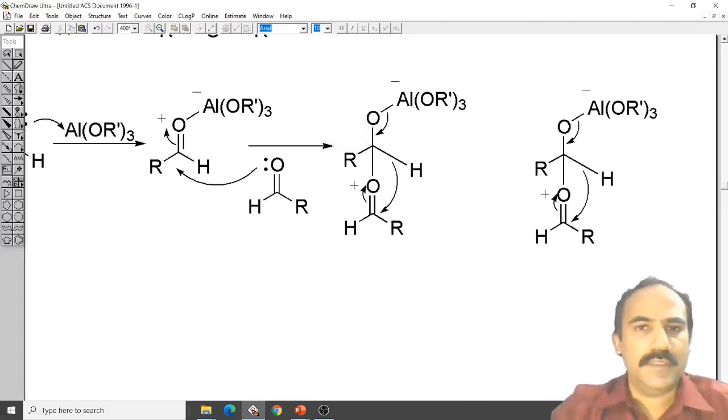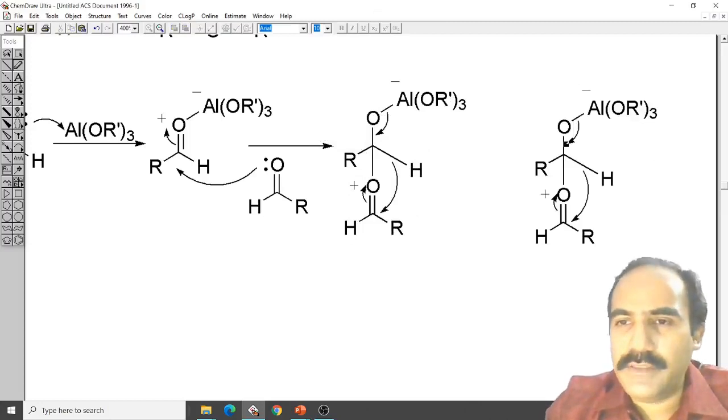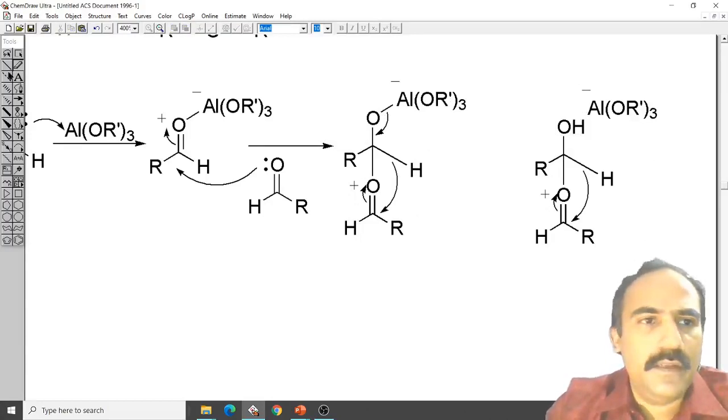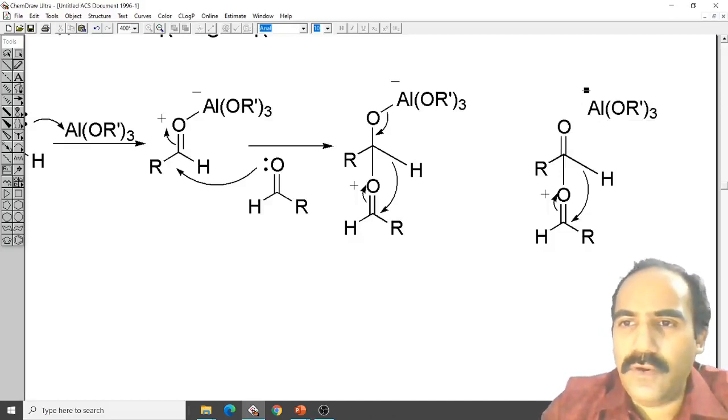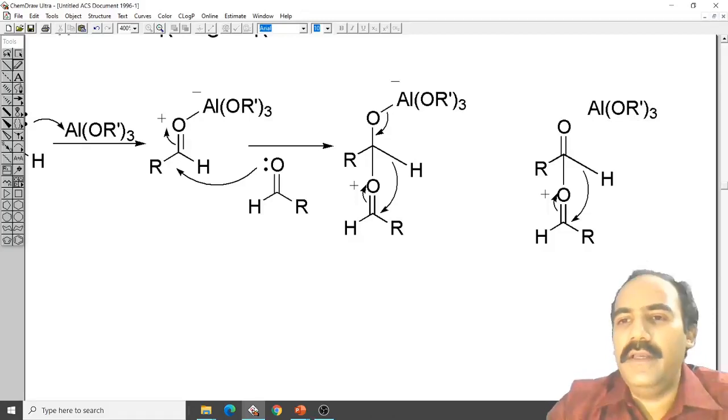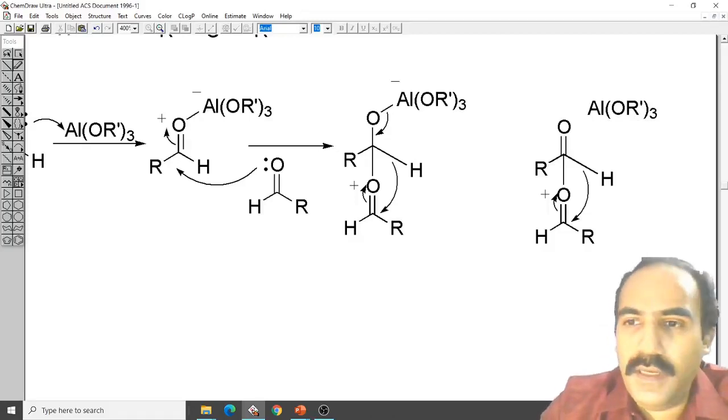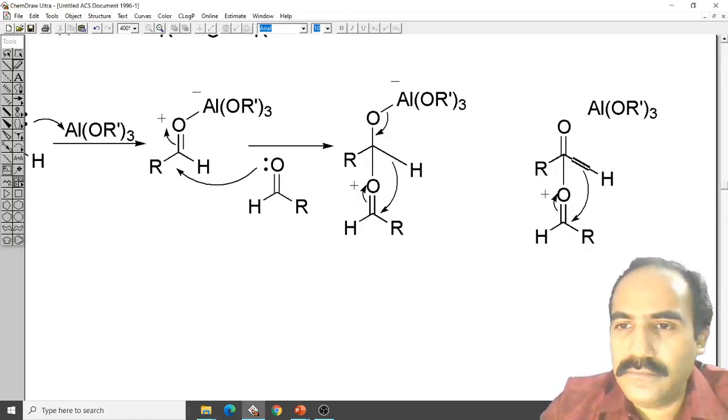So this arrow means these two electrons are going to stay in between this oxygen and this carbon, which means this bond is no longer there, and it's automatically showing a hydrogen, which is wrong. As aluminum lost one of its electrons, it will become neutral, and this hydrogen as a hydride ion shifts towards here.